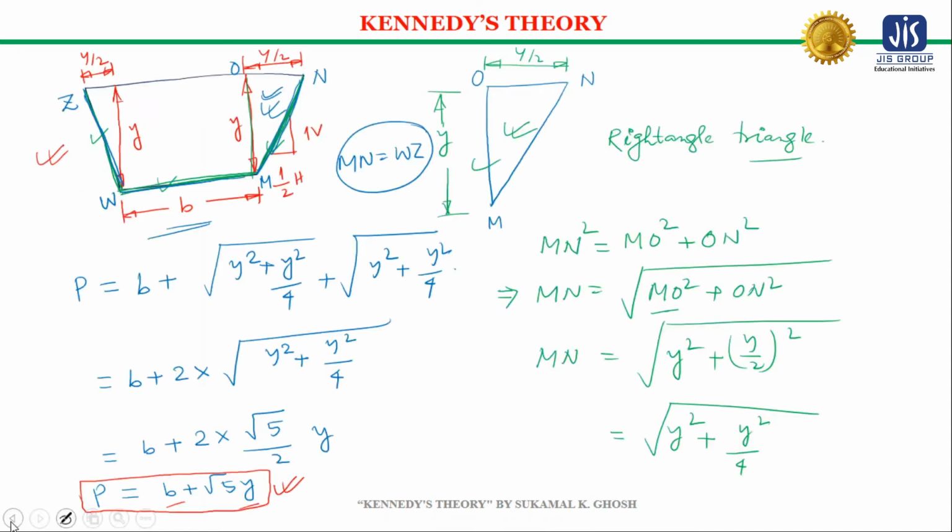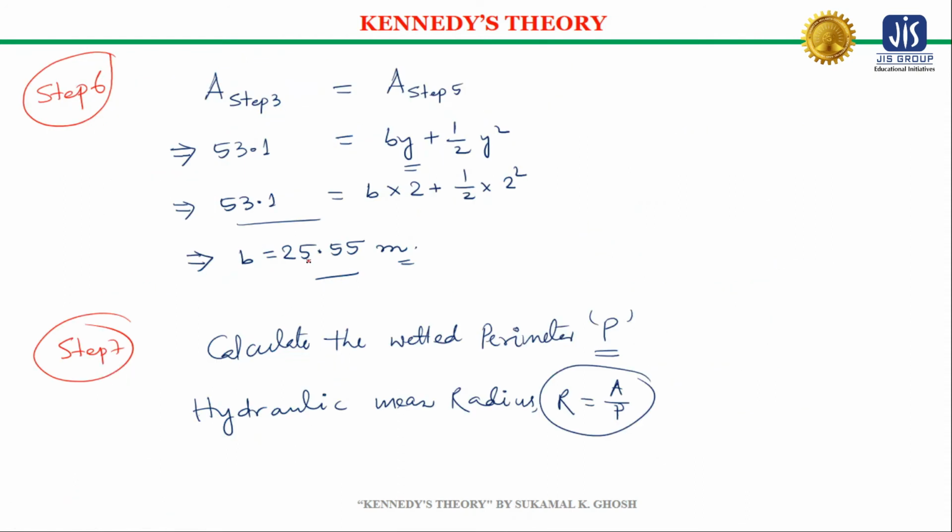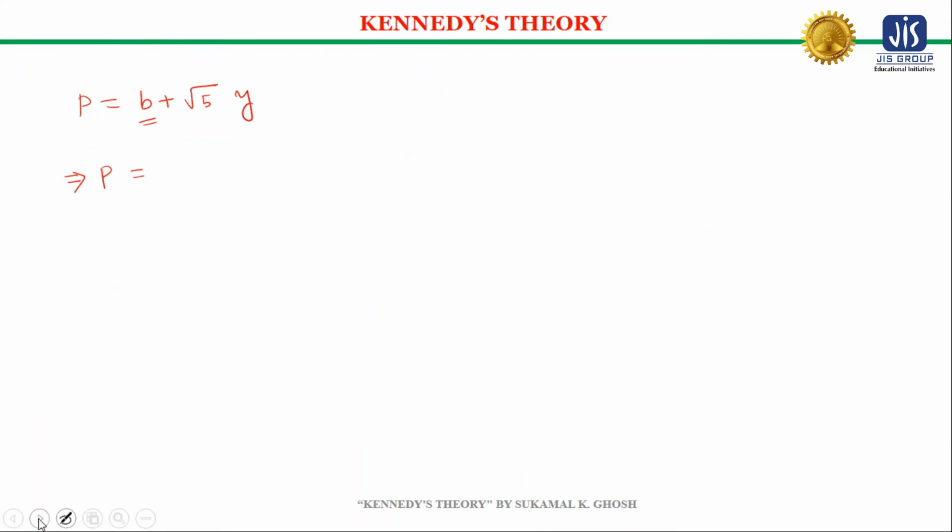We have calculated the value of B was 25.55. So put it here, 25.55 plus root over 5 into y, the value of y we have assumed is 2. If you solve it, you will have 30.03 meter. So the value of P is 30.03 meter.